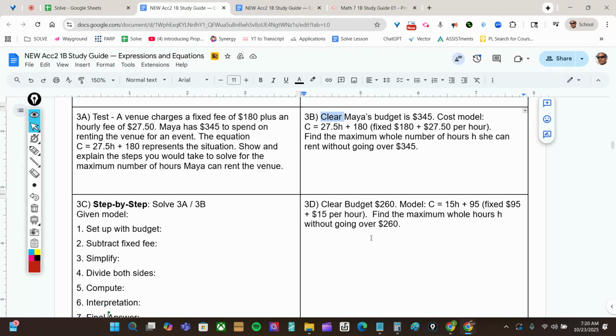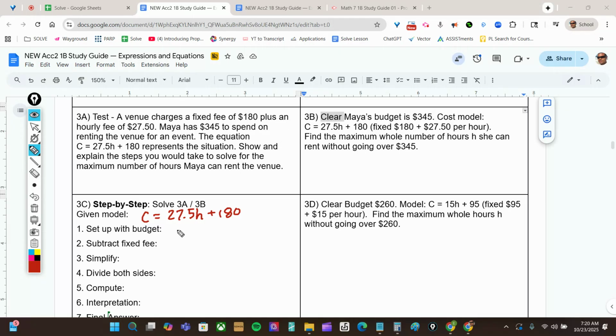The first thing we start with is the equation that they gave you, which I called the model, or I should have said given equation, and that is C equals 27.5 H plus 180.